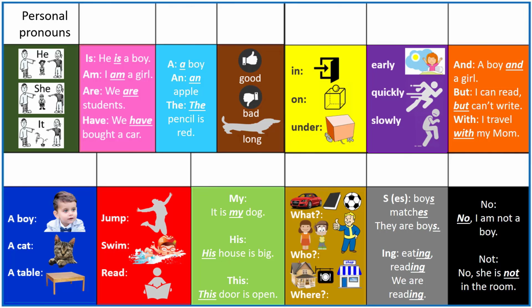Auxiliary verbs. Articles. Adjective. Prepositions.